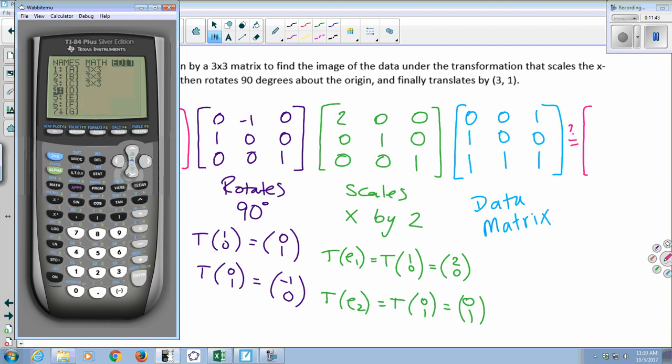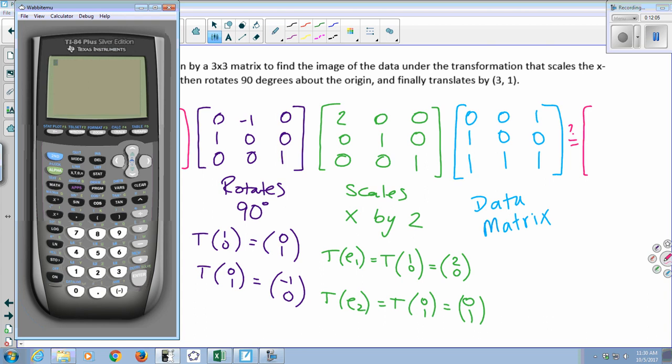And then lastly, I'm going to put in D, which is my data matrix. Okay, got them all.